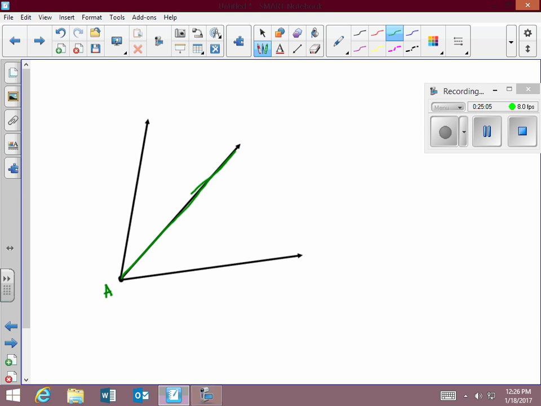Their measures aren't necessarily equal, they're just adjacent. So you can have congruent angles that are adjacent or non-congruent angles that are adjacent. Congruent angles can be complements or supplements, but they don't have to be adjacent to be complements or supplements.